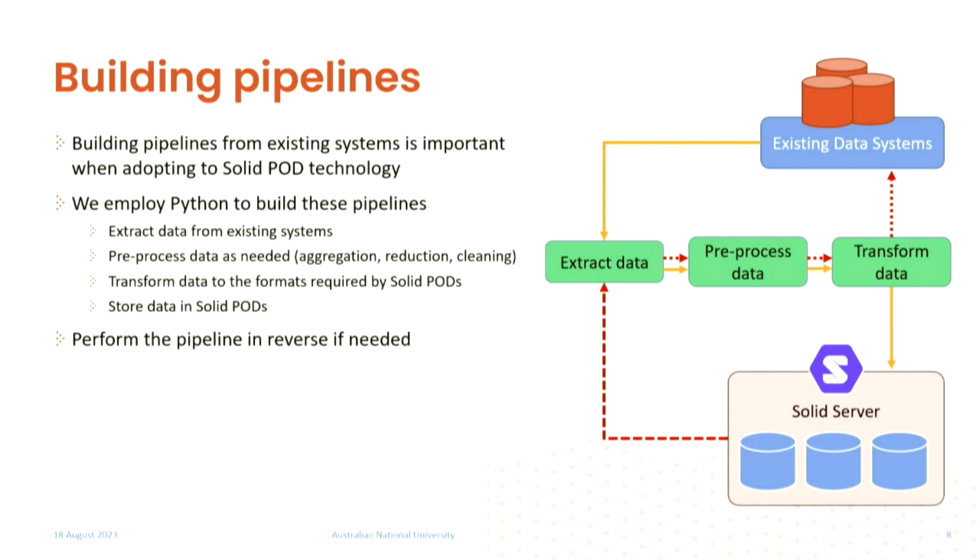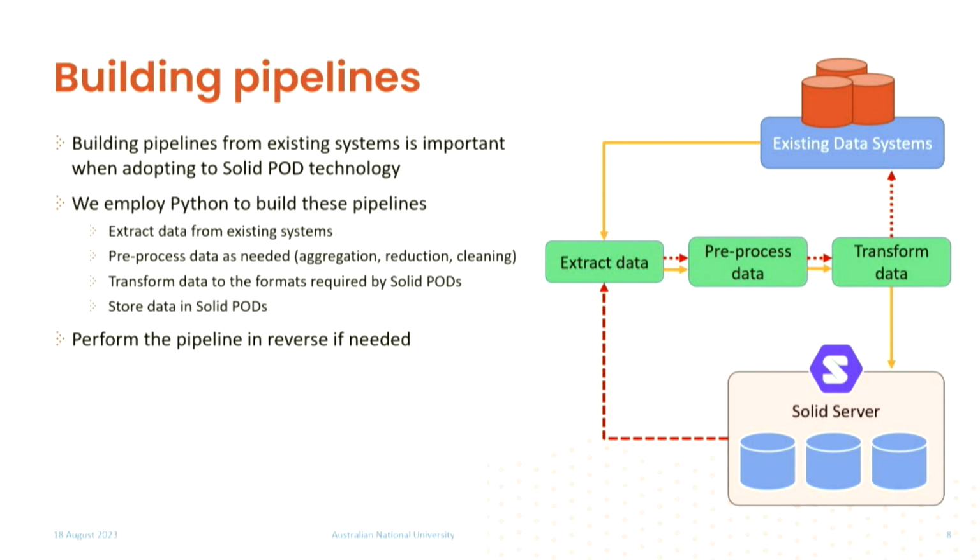It should be a step-by-step, gradual process, and at some points pods-based systems need to coexist with the current centralized systems. So we need to build pipelines from and potentially to these systems, from these pods-based to existing systems.